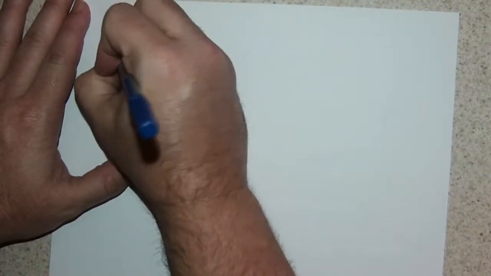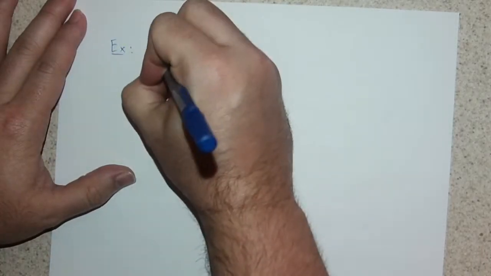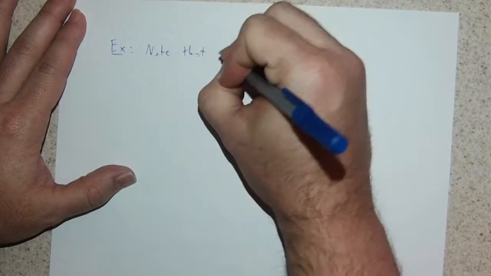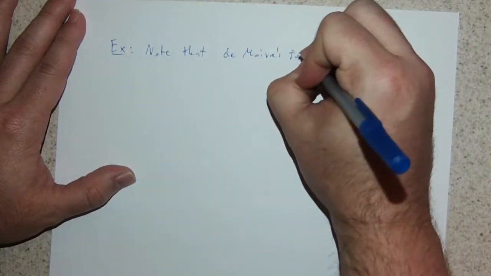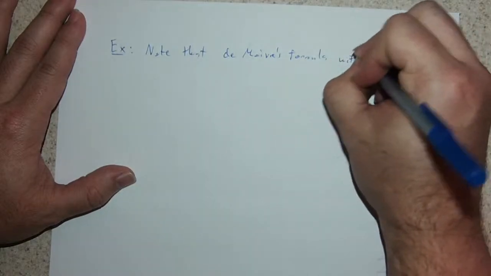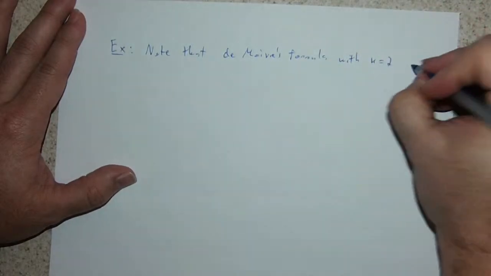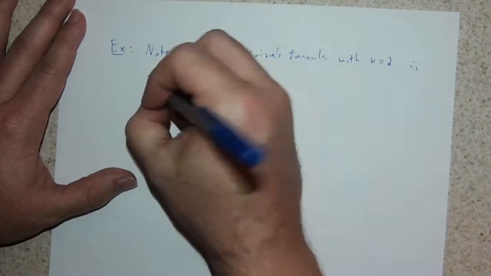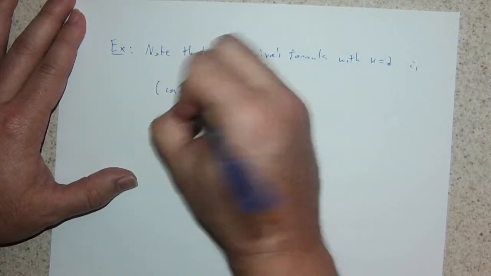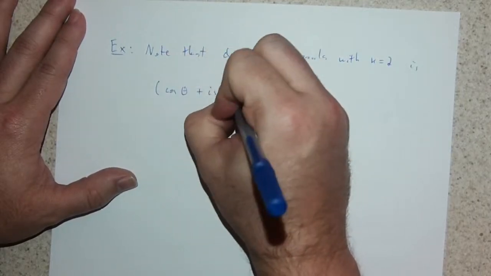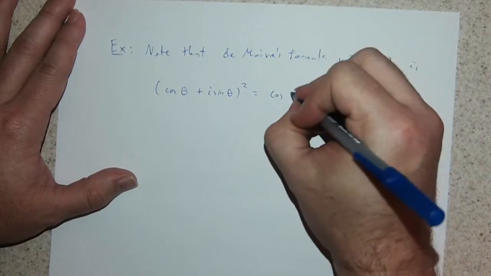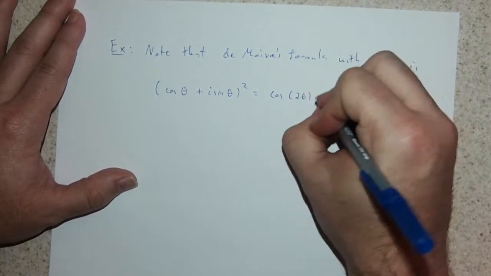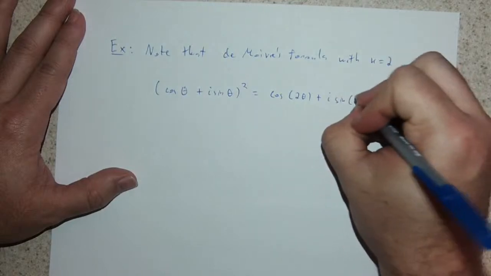So for instance, what I want to do is note that De Moivre's formula with n equals 2 is just the statement that (cosine theta plus i sine theta) squared is equal to cosine of 2 theta plus i sine of 2 theta.